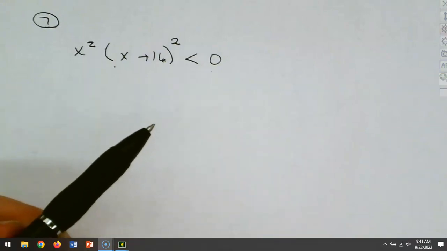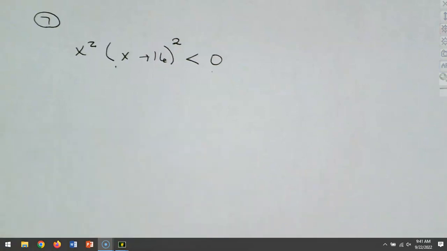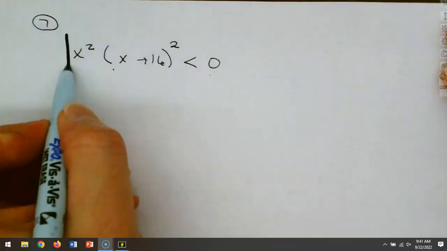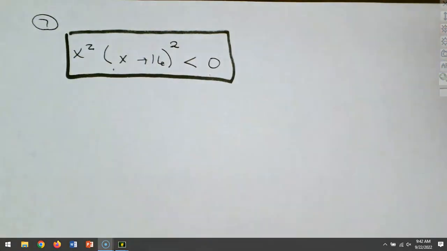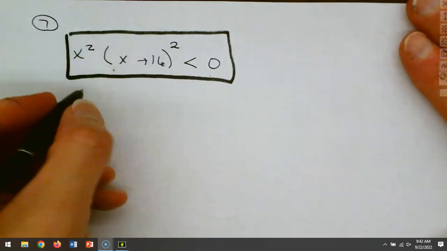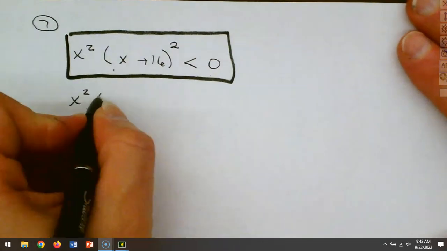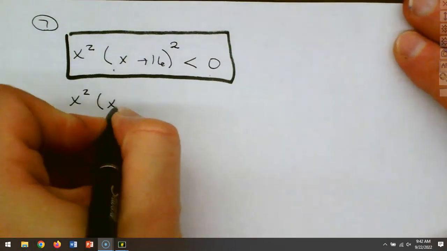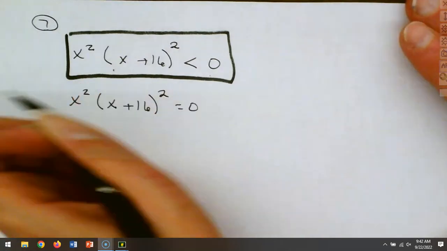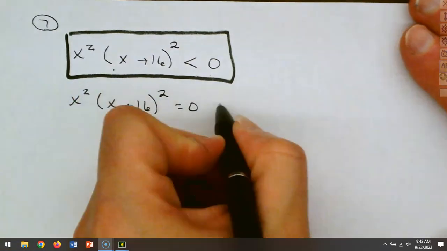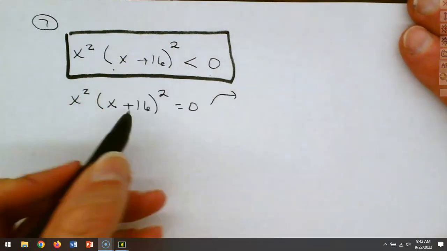Let's get our solutions and let's check it. So this is our original that we're going to be using to check. And if I go to solve this, this is actually two separate equations because it's two parts.